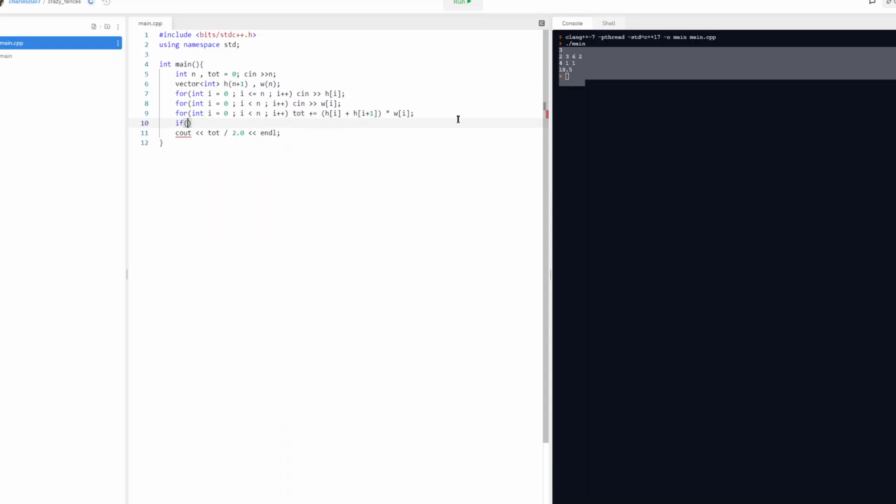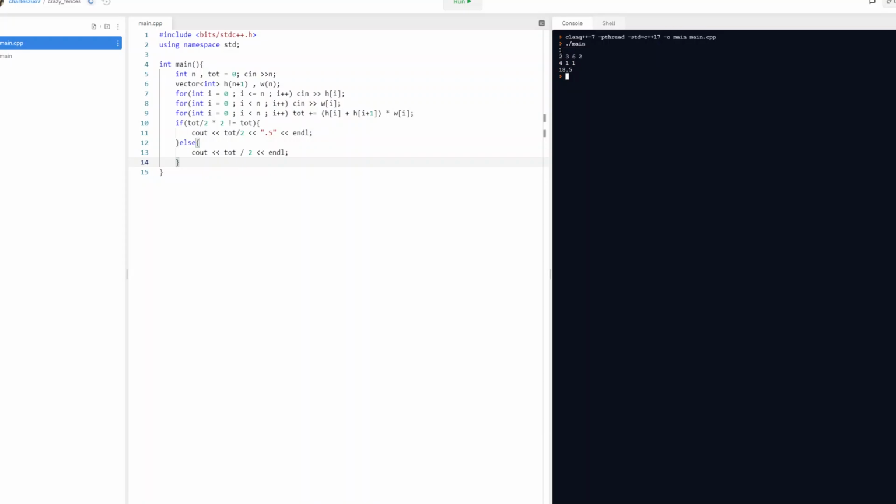So if tot divided by 2 times 2 doesn't equal tot, then we just cout tot divided by 2 plus 0.5 and endl. Otherwise we just cout tot divided by 2. So this might be quite confusing, but I will explain this very shortly.